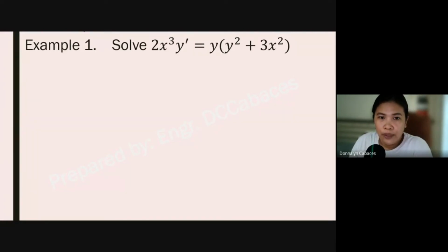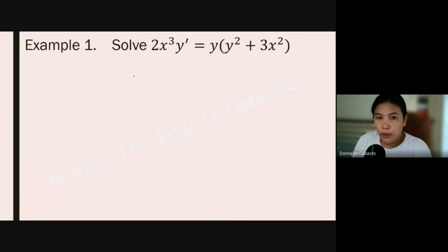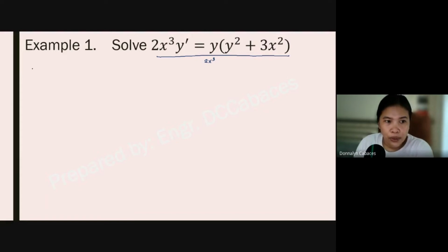So we will divide both sides of the equation by 2x cubed. And what is now the resulting equation?